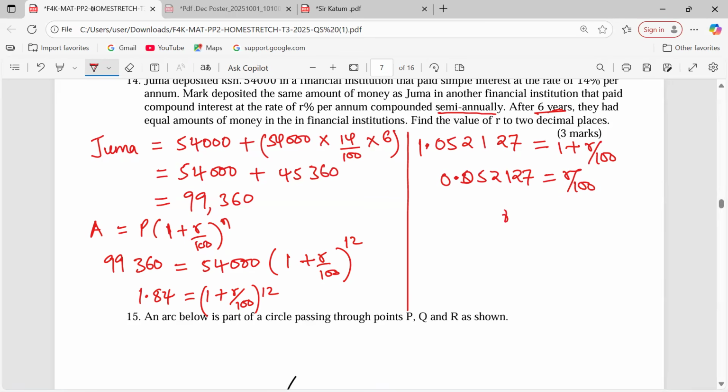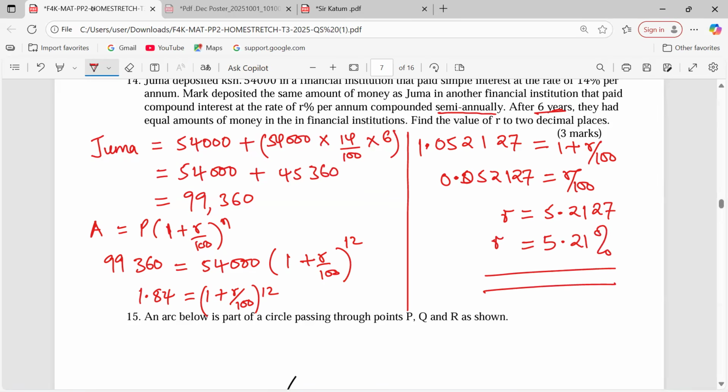Now you remain with R multiplied by 100. This will be 5.2127, to 2 decimal places 5.21%. Yeah, that is the rate. 5.21%, 2 decimal places.